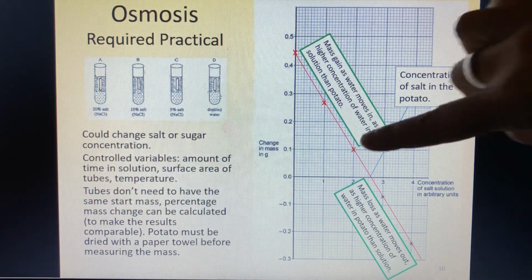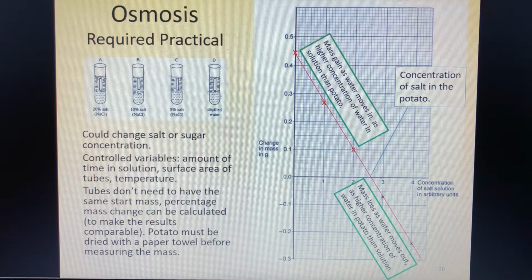So we've got some gain in mass. This is where the concentration of water was higher outside than inside, so it moved in. We've got some loss. This is where the concentration of water was higher inside the food than outside, so it moved out.